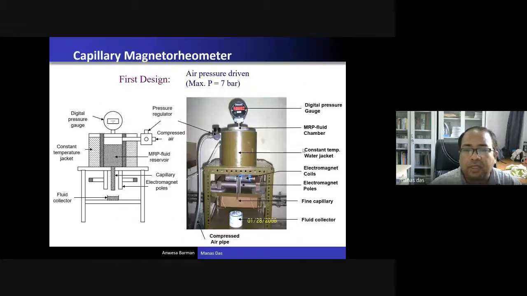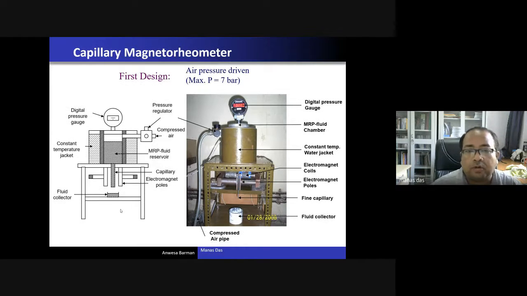For that we used compressed air, and allowed the MR fluid to flow through this capillary, with a given L by D ratio. L is the length of the capillary where we are applying the magnetic field, and D is the diameter of the capillary. When steady state is achieved, we accumulate the MR fluid for a certain amount of time, and from there we measure the volumetric flow rate Q dot.